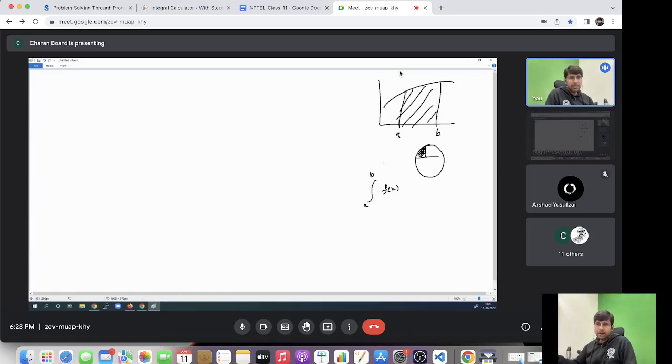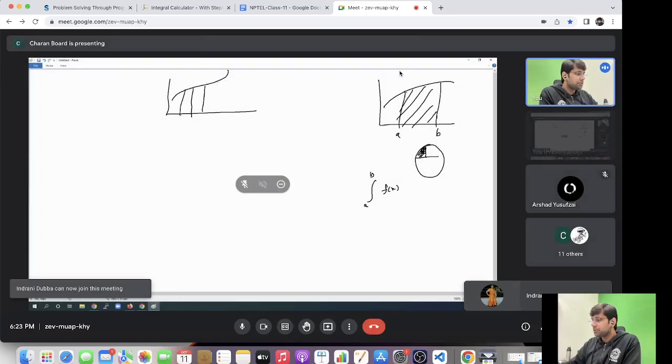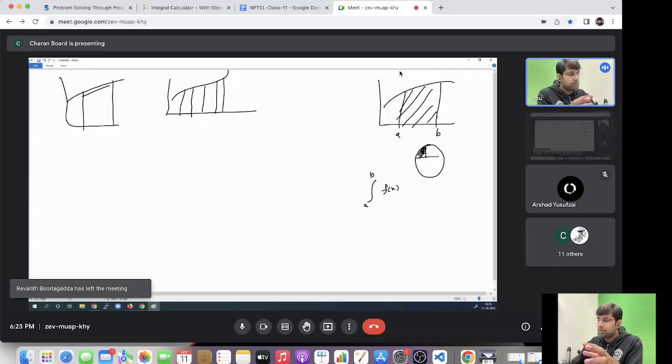The idea behind the trapezoidal rule is that, let's say you have a curve, you try to fit several trapezoids here. Initially they fit only one trapezoid. If you fit only one trapezoid, there will be some error.